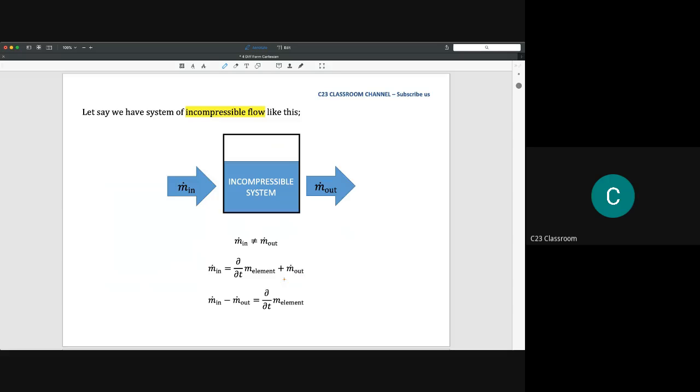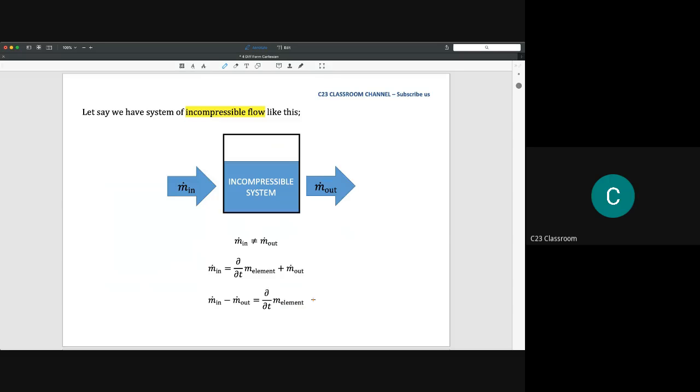Then we rearrange this equation, and we have mass flow rate at inlet minus mass flow rate at outlet equal to dm dt, meaning d dt, the changes of an element over time. This comes from previous scientists, who started to think about producing one simple equation that can suit all situations.